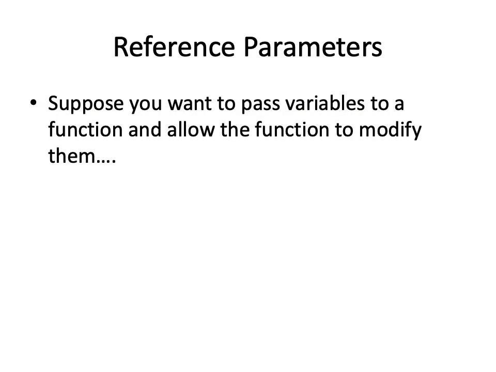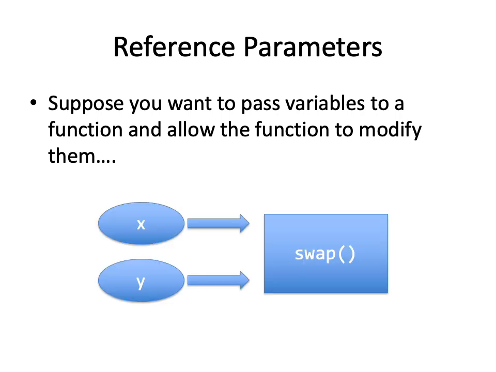So what is a reference parameter? Well, suppose that you want to pass variables to a function and allow the function to modify those variables. Here's an example function that you might have. You might have a function called swap, and you want to pass it two integers, x and y, and then whatever value x has, it will swap values with y.